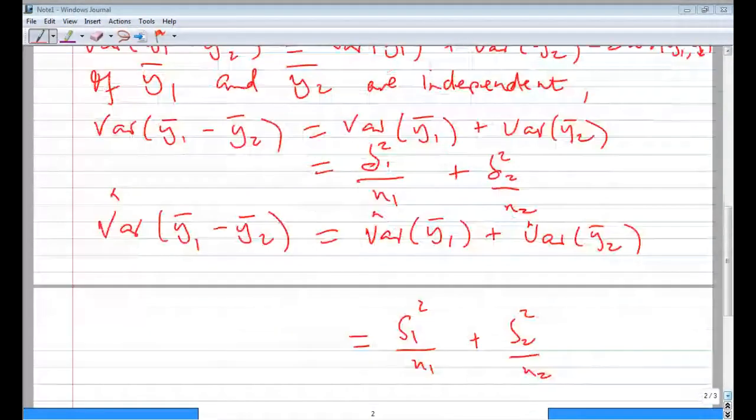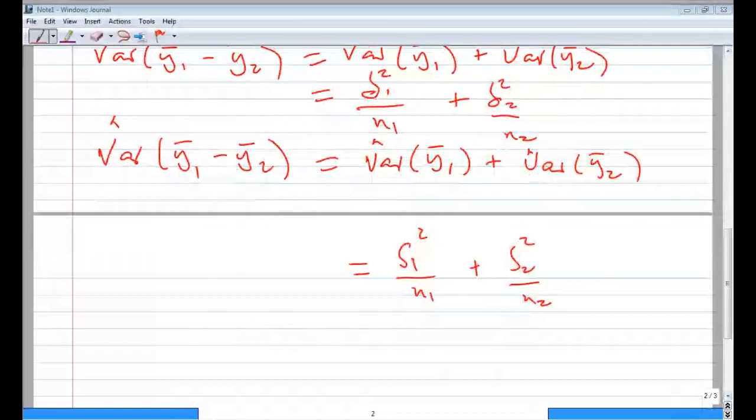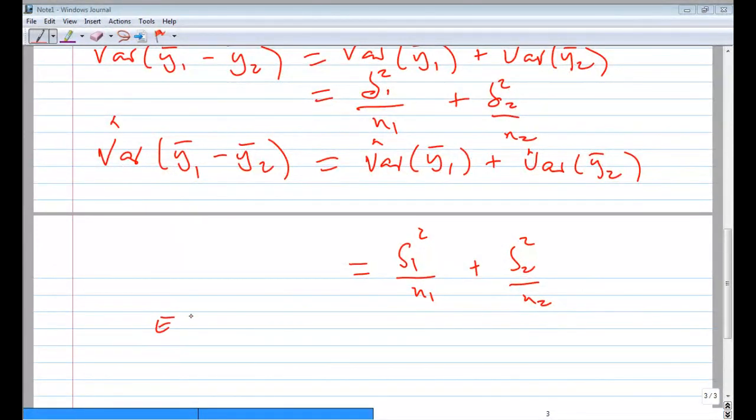So let's quickly go to example 3.12 on lecture notes. It's page 21. Example 3.12. Yes.